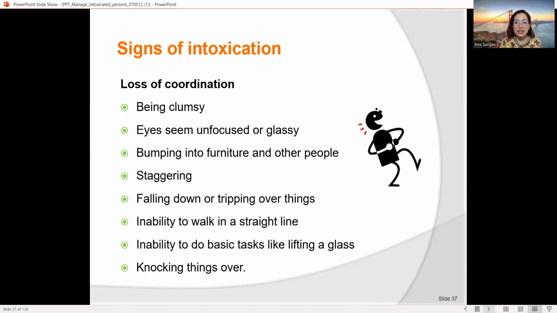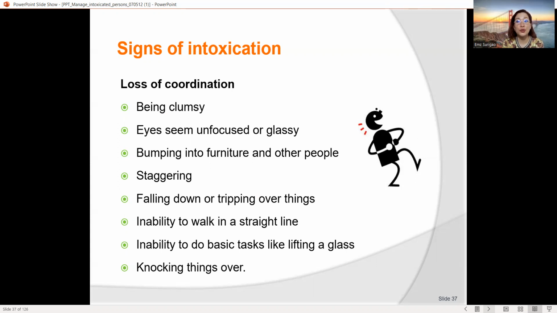The first signs of intoxication are less coordination, being clumsy, eyes seeming unfocused or glassy, bumping into furniture and other people when walking, staggering, falling down or tripping over things, and inability to walk in a straight line.